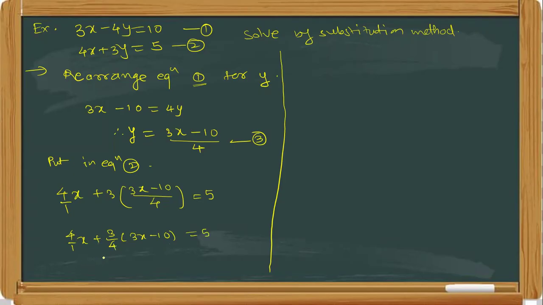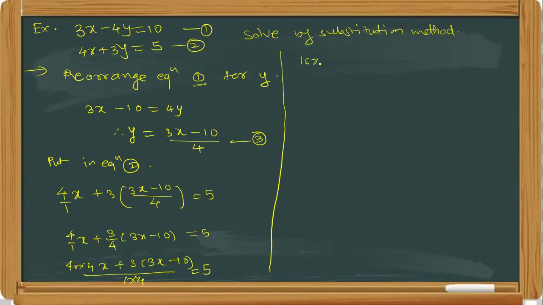Now do cross multiplication. It will be 4 into 4x plus 3 into 3x minus 10 upon 1 into 4 equals 5.